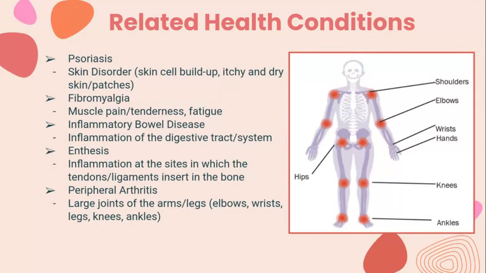Also inflammatory bowel disease, which is inflammation of the digestive tract and system. Enthesitis, which is inflammation at the sites in which the tendons and ligaments insert in the bone, as well as peripheral arthritis, which is arthritis of large joints of the arms and legs, including elbows, wrists, legs, knees, and ankles.